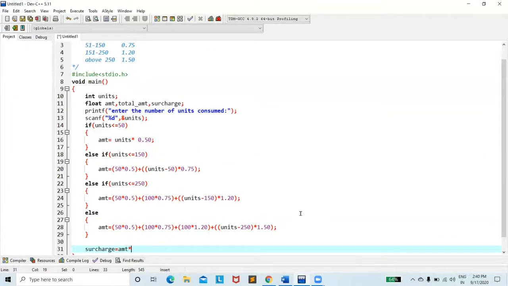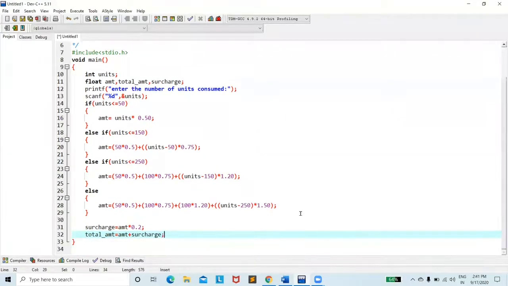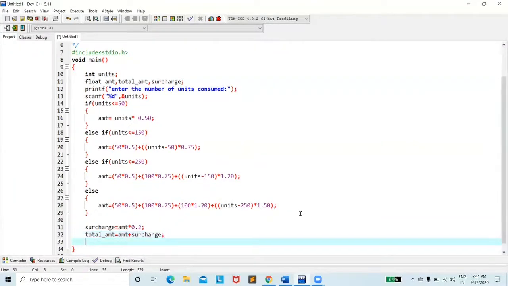That is 20 by 100, which is nothing but 0.2. Now the total amount we will be paying for the electricity bill will be amount plus surcharge. So this is the electricity bill calculation.